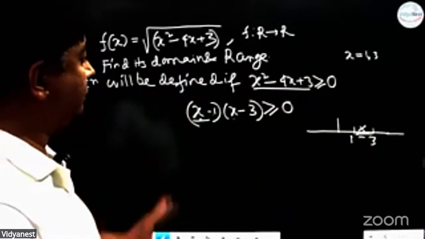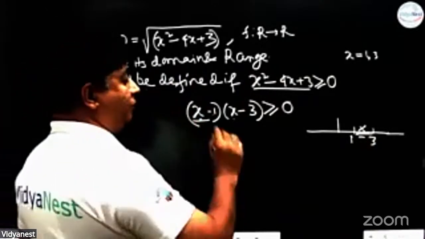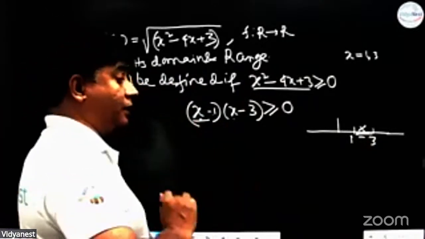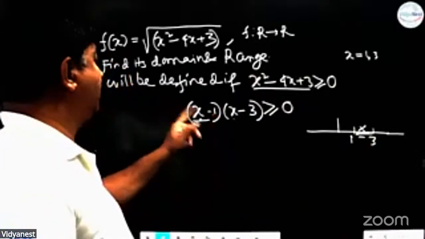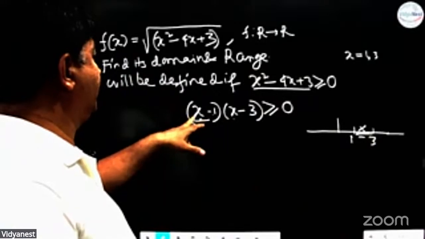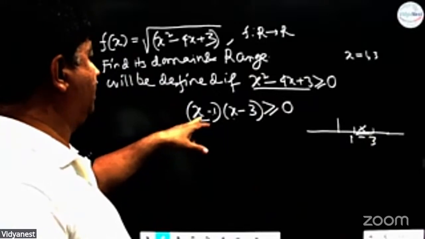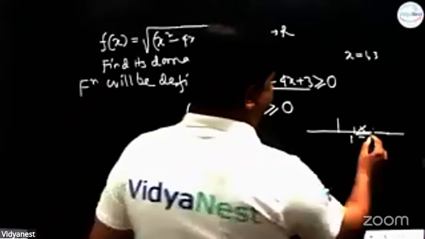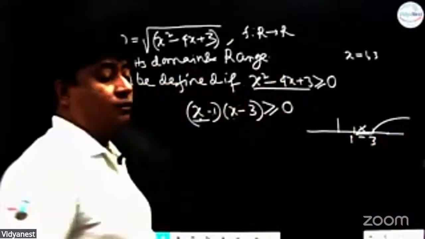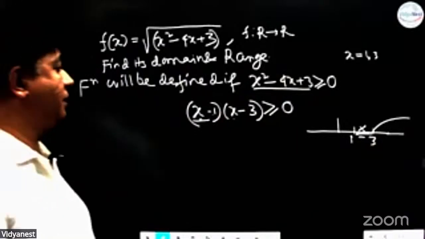Then you choose one value which is greater than 3, suppose 4. You put here 4 minus 1 is 3, 4 minus 3 is 1, positive. So from 3 onwards, the function is defined.